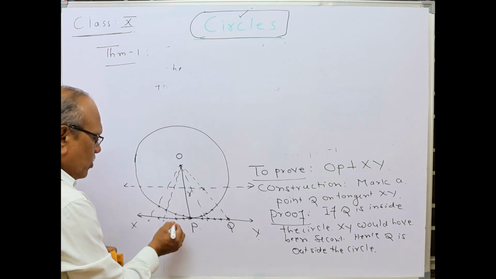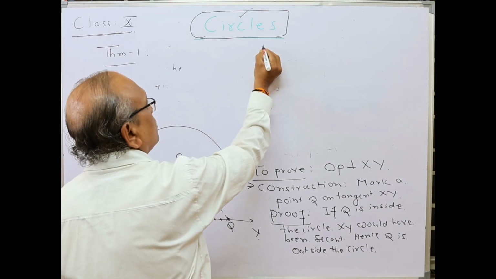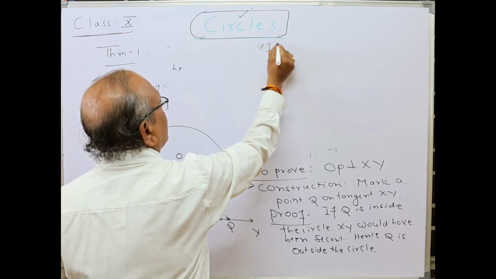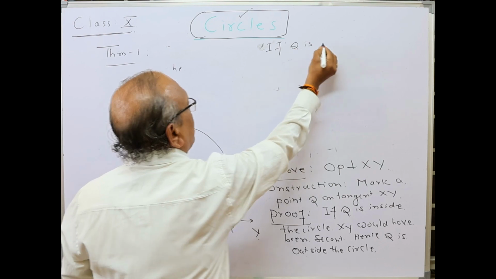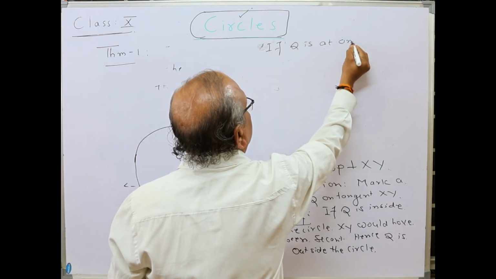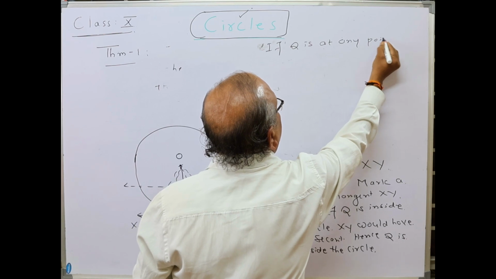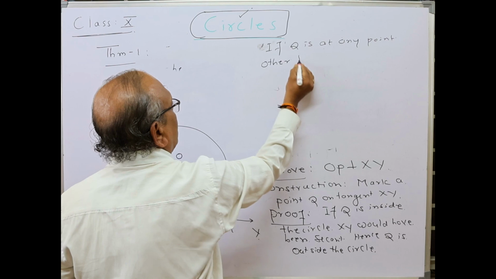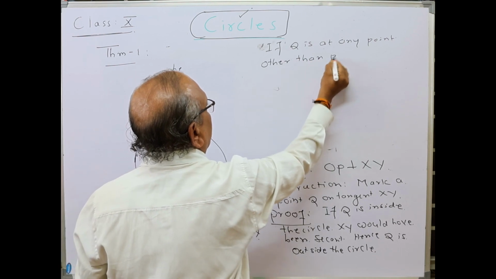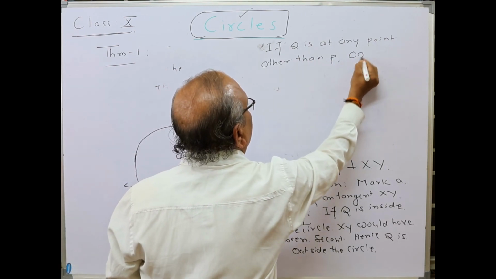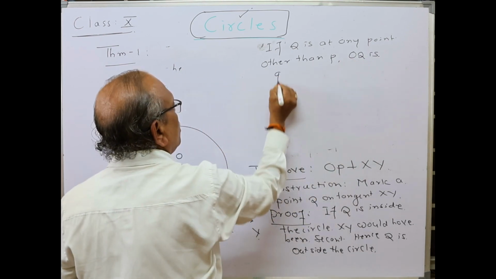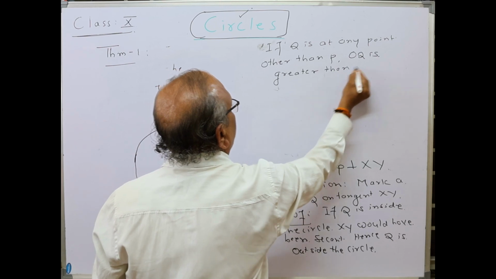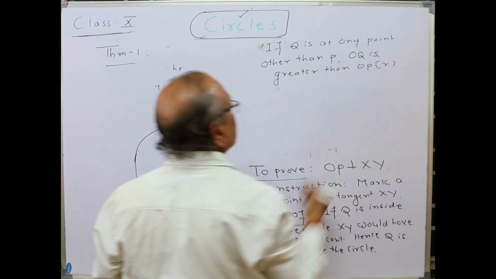If Q is taken at any point other than P, OQ is greater than OP, that is, the radius.